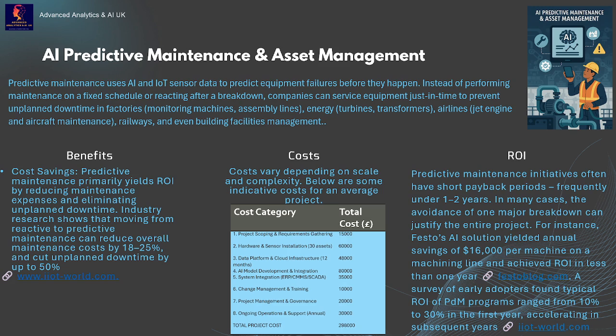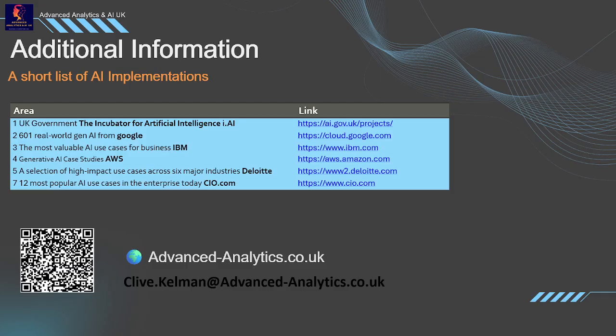And see down here, 10 to 30% achieve that ROI within the first year. So these tend to be much bigger asset management. So you're typically talking millions of pounds worth of assets. So the investment is across the lifespan of that asset, which might be decades. So improving the costs of maintaining that asset can be worth millions to an organization.